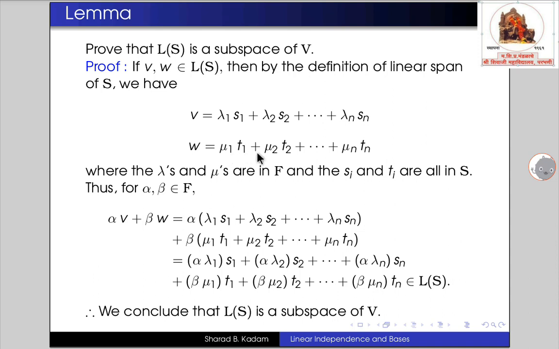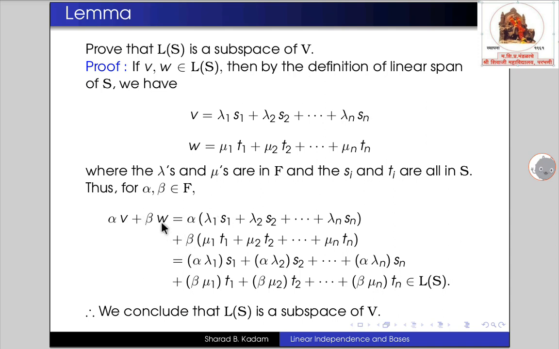W will be a linear combination of T1, T2, ..., Tn, where these lambdas and mu's are both scalars in the field F, and Si, Ti are all in the set S. Now we choose two arbitrary scalars alpha and beta in the field F. Then alpha V plus beta W equals alpha as it is, and instead of V we substitute lambda 1 S1 plus lambda 2 S2 plus so on up to lambda n Sn, plus beta as it is.